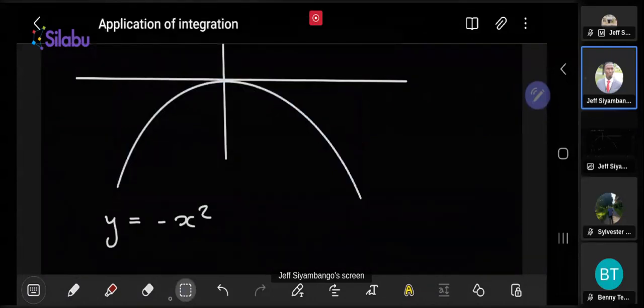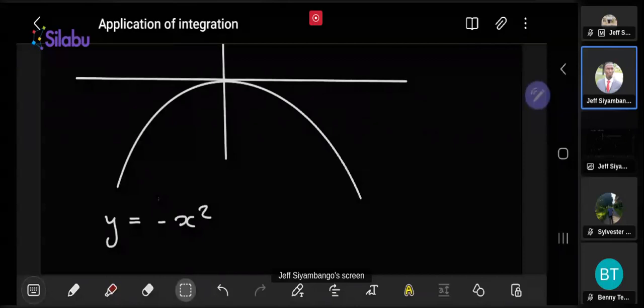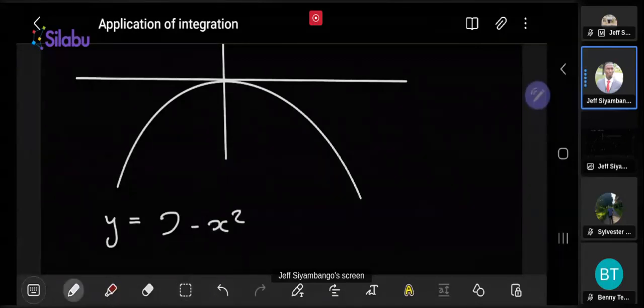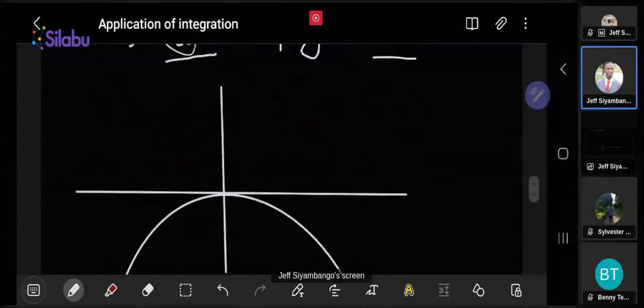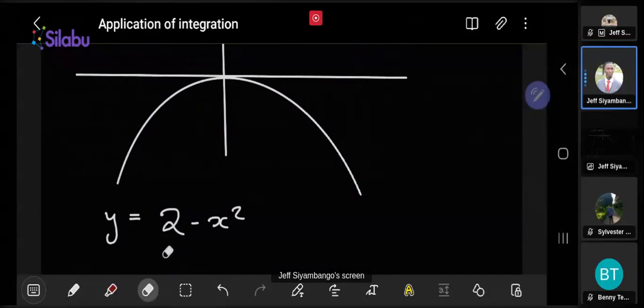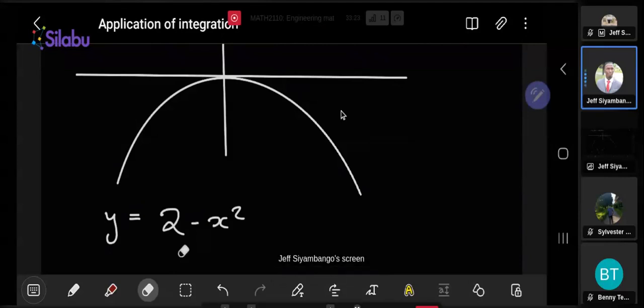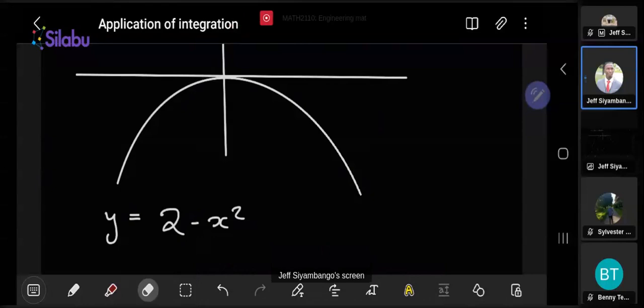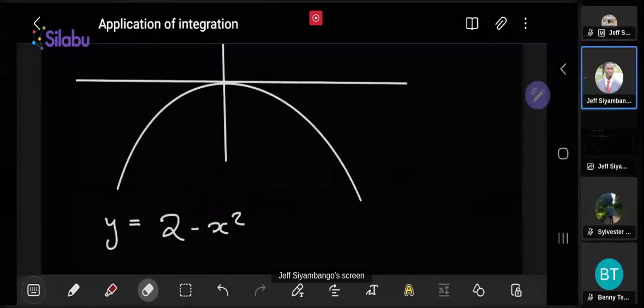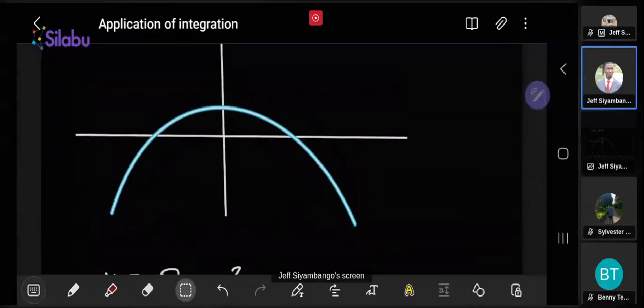But what are we seeing? We add 2 because we have 2 here in the original case. We have that 2 there. So it's like we have minus x squared, but just plus 2. So just like in the previous case, the values of y are being shifted vertically upwards by 2 units. What does that imply? It means that the same graph that we have here is now just shifted 2 units upwards, up to somewhere there.